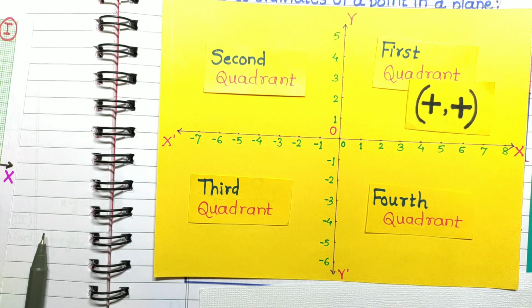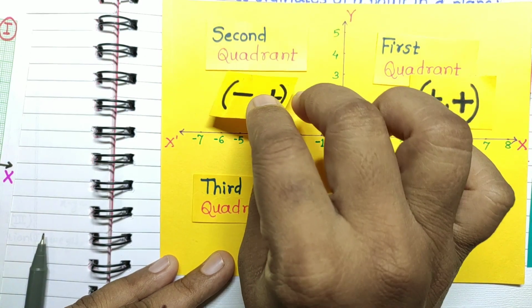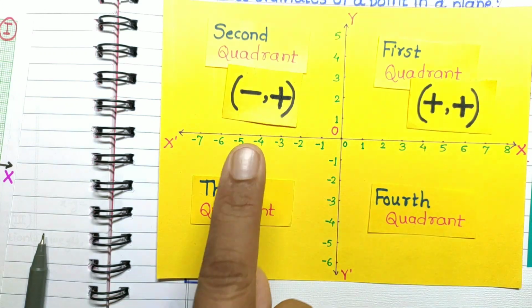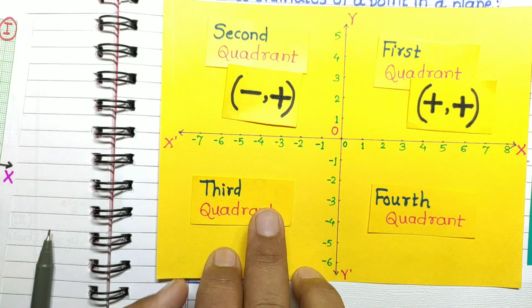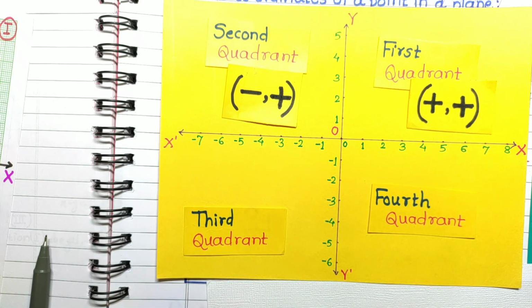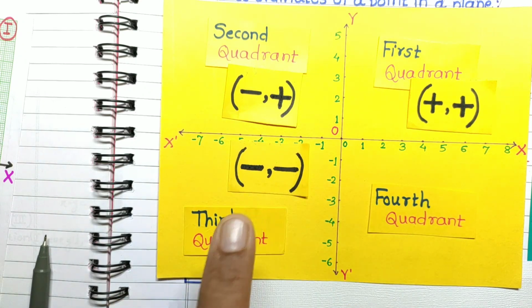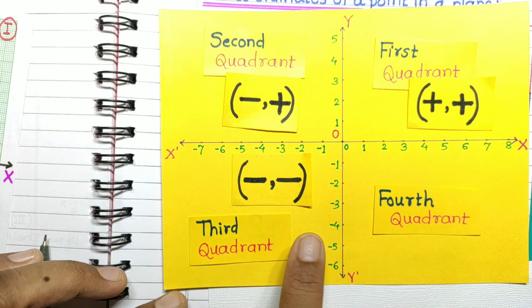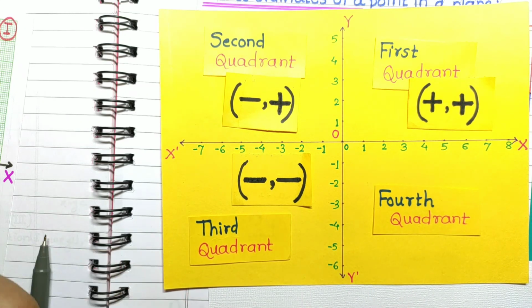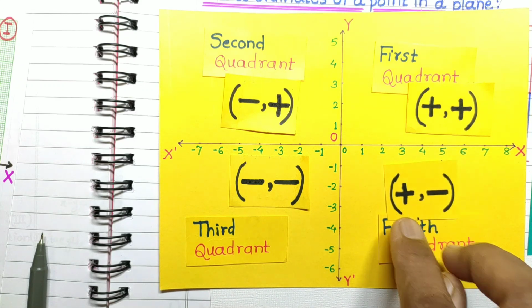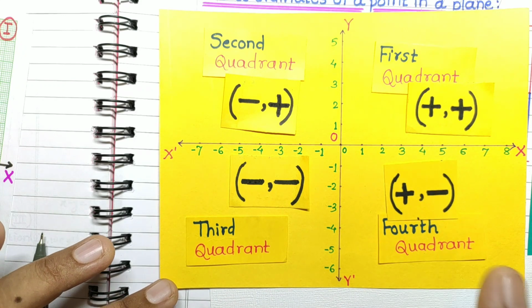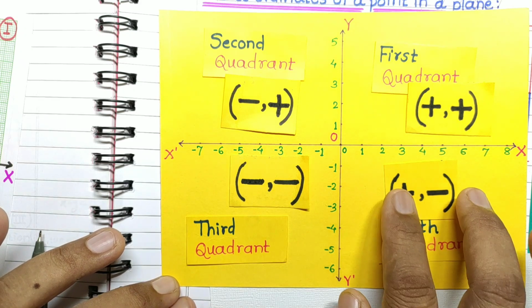X and y coordinates have plus sign. Then in the second quadrant, x coordinate is negative and y coordinate is positive, and in the third quadrant x coordinate is negative, y coordinate is also negative, and in fourth quadrant x coordinate is positive and y coordinate is negative.